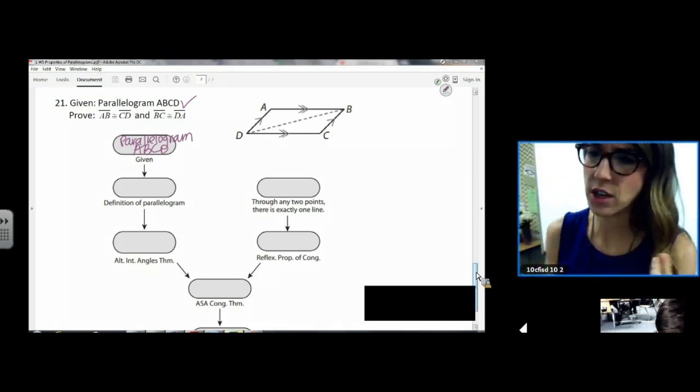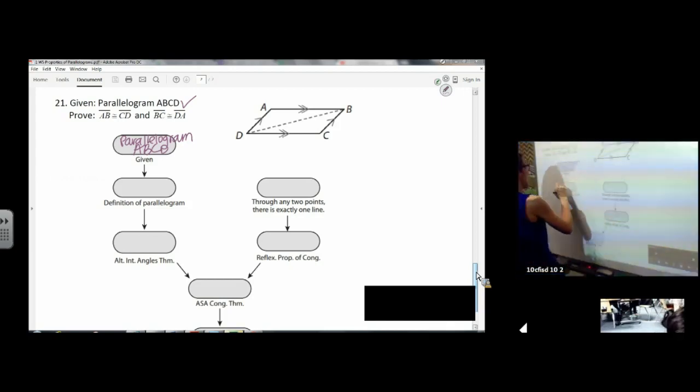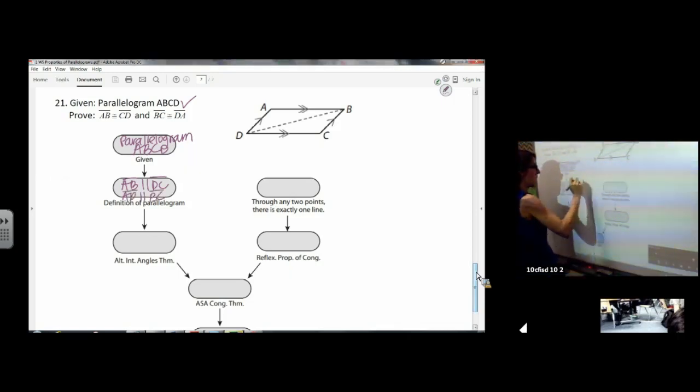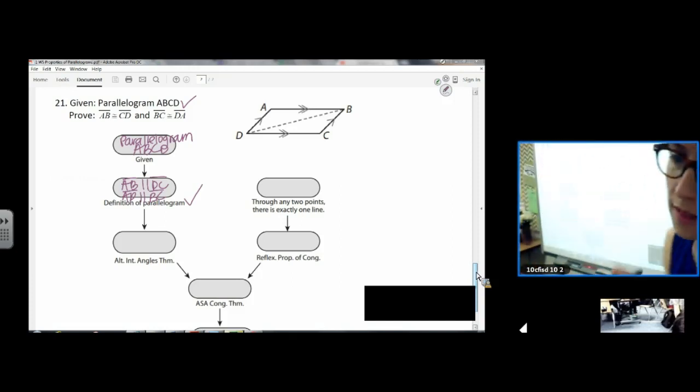Well, what is the definition of a parallelogram? The definition of a parallelogram is that opposite sides are parallel. AD is parallel to BC. Check. So I made a statement and my reason was definition of parallelogram.